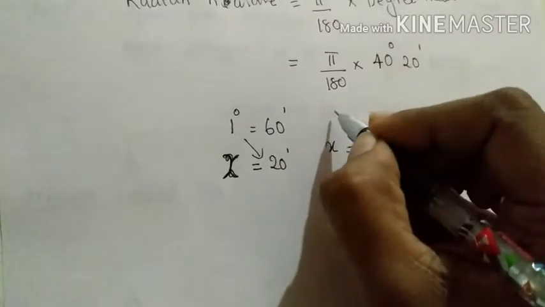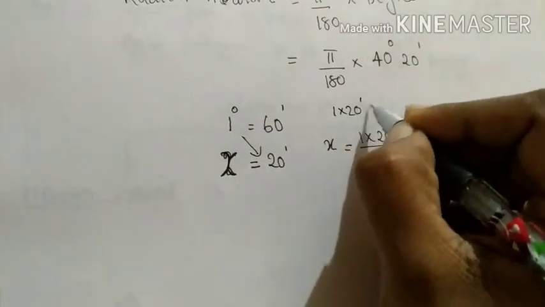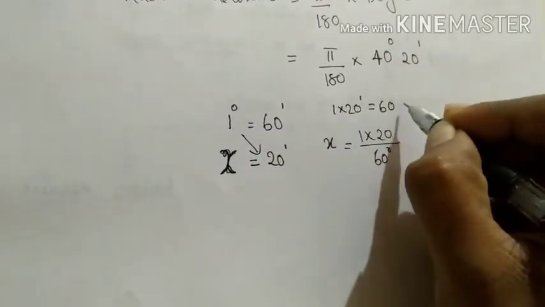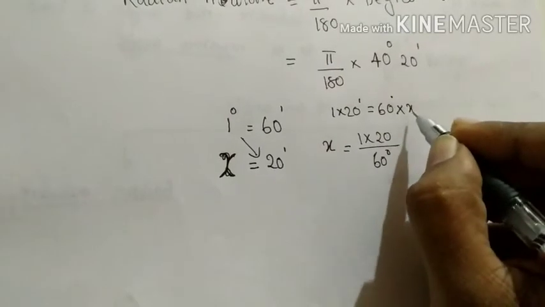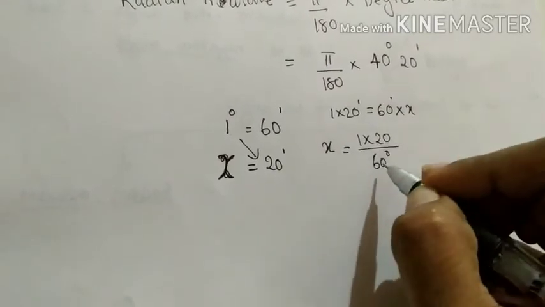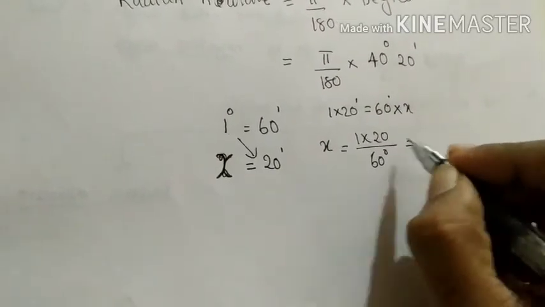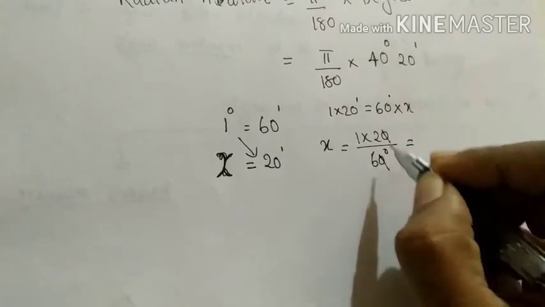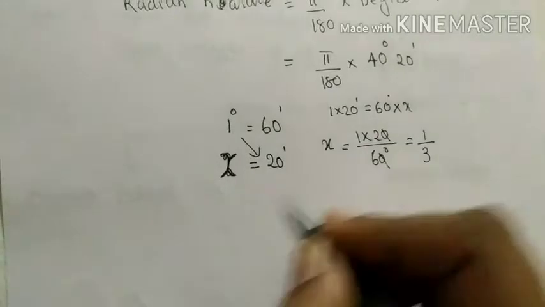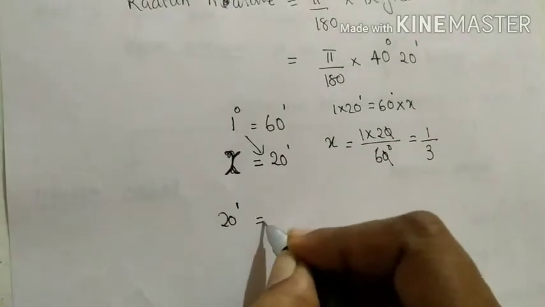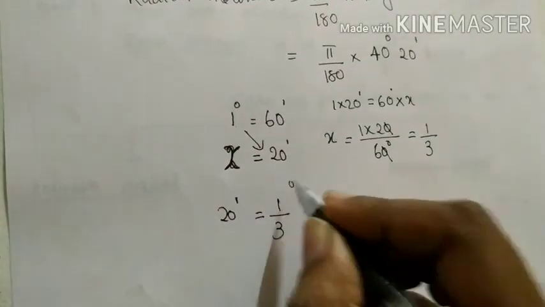So from this, 1 into 20 minute is equal to 60 minute into x. From this we get x equal to 1 into 20 divided by 60. So cancelling this 0 and 2 by 6, we get 1 by 3. x equal to 1 by 3. So 20 minute is equivalent to 1 by 3 degree.